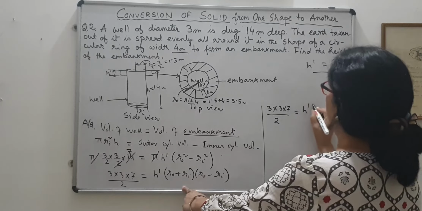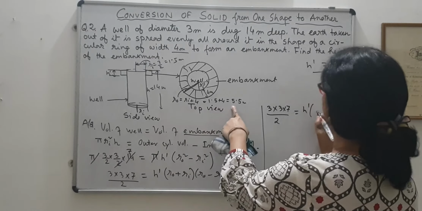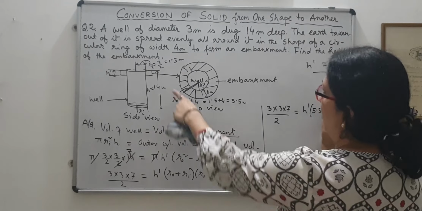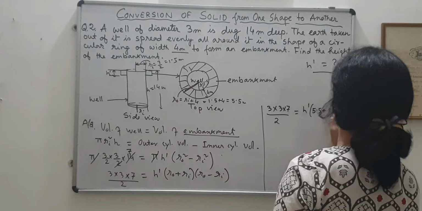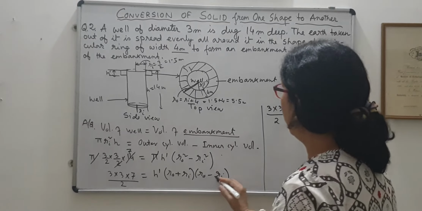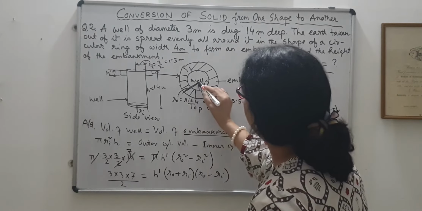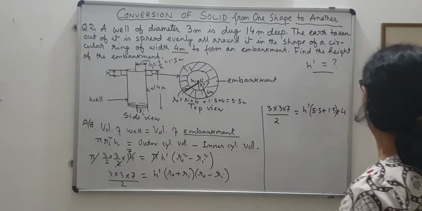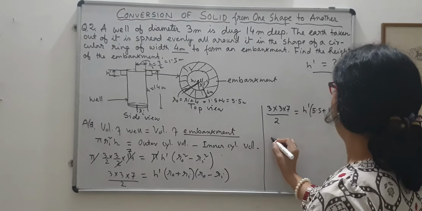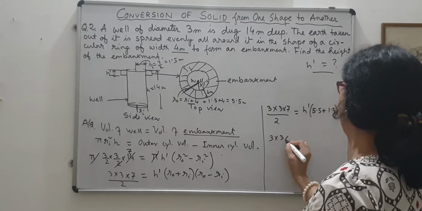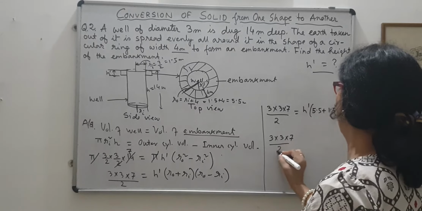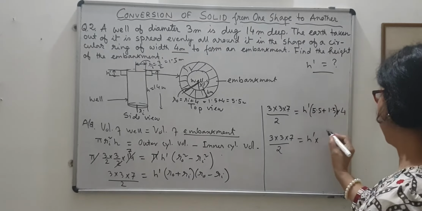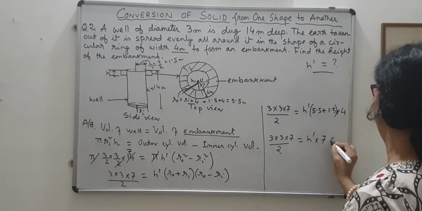Ro plus Ri. Ro is your 5.5 plus Ri is your 1.5, and Ro minus Ri is nothing but this width, that is 4. So I can write 4. So next step, 3 into 3 into 7 by 2 is equal to H dash into 7 into 4.